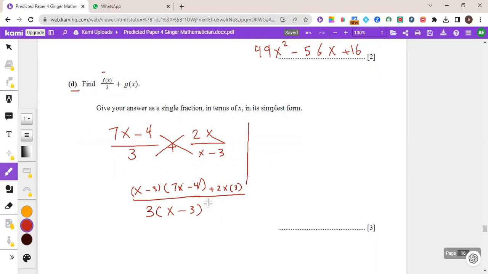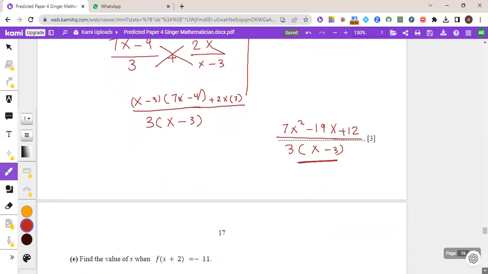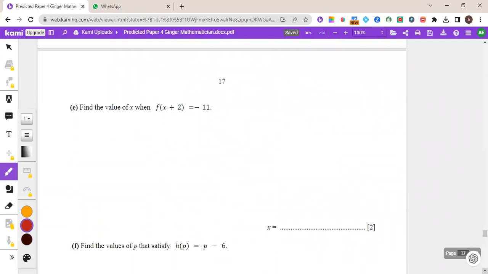Then you expand all of this. The answer will be, just to save time, 3 times x minus 3, and the answer here is 7x squared minus 19x plus 12. And please, he says simplest form, so don't expand this one. Don't expand this one.